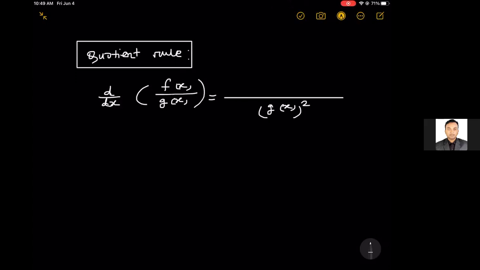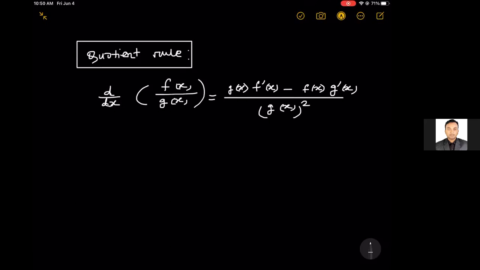And again, we'll be doing the same thing. We'll be keeping one function and finding the derivative of the other, but instead of adding, we'll have a minus sign in between. We'll be subtracting.